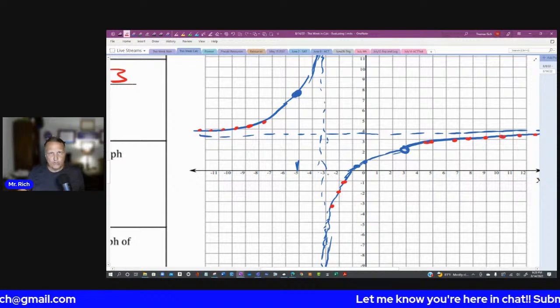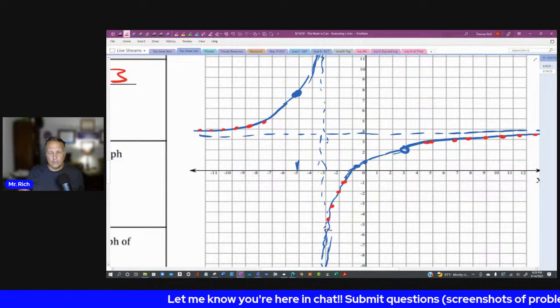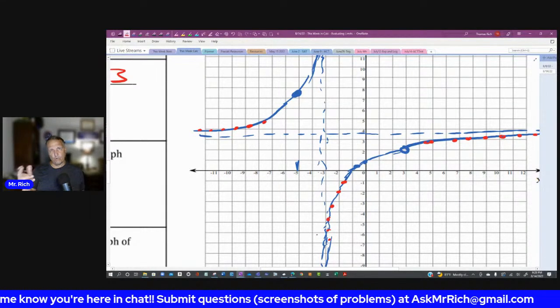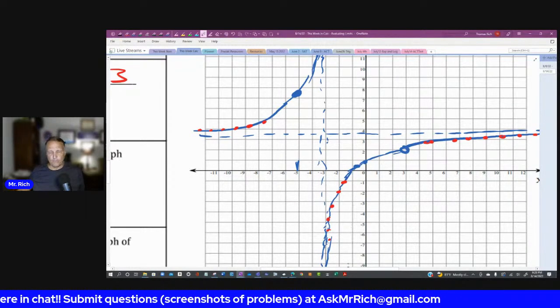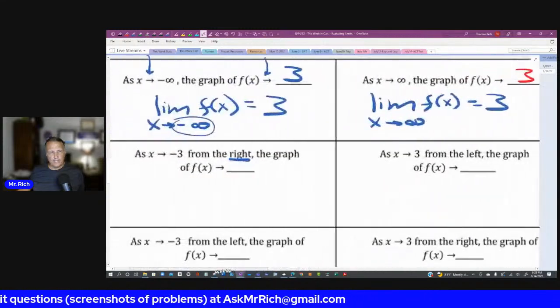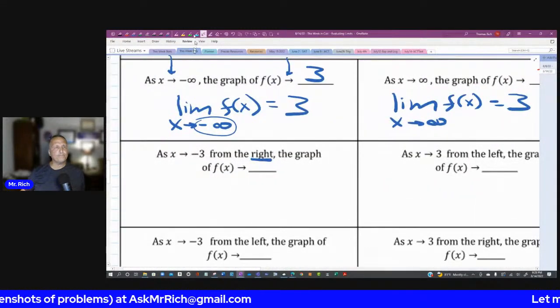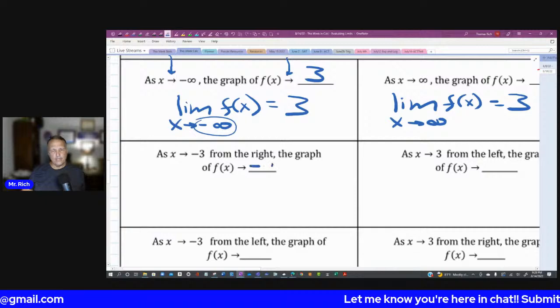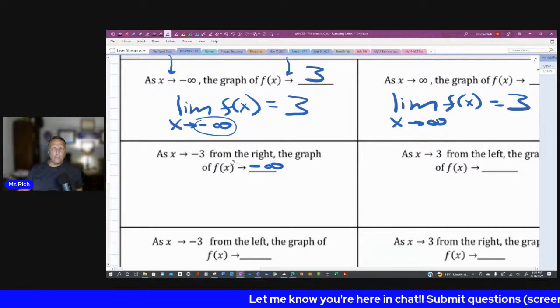So the closer you get to negative 3 from the right-hand side of negative 3, the lower and lower these values are going as they approach that asymptote from the right-hand side. So the answer to that question is negative infinity. Now, how do I write this in limit notation?